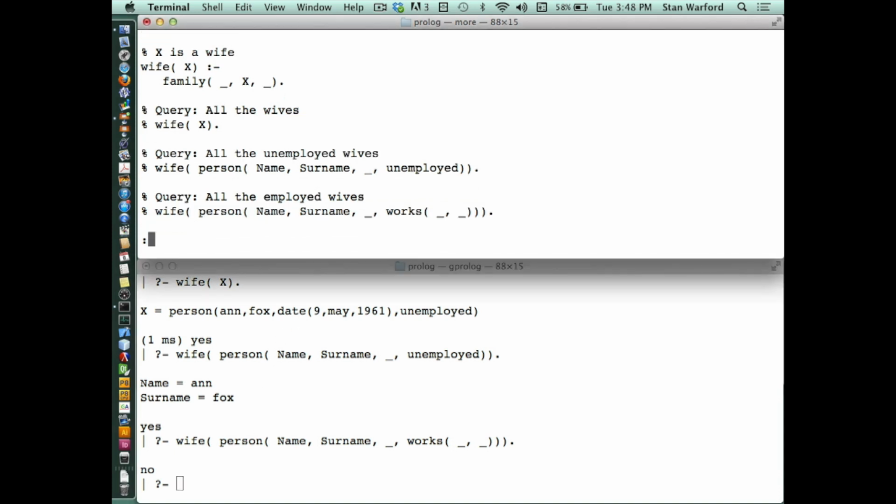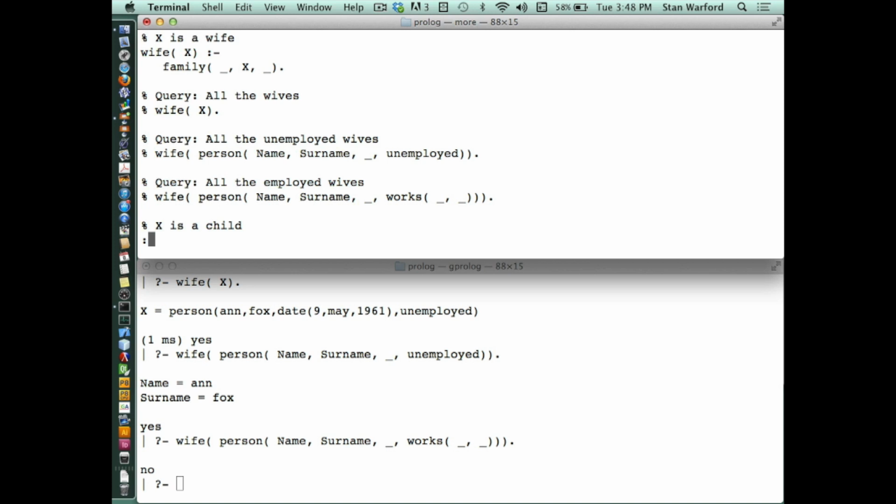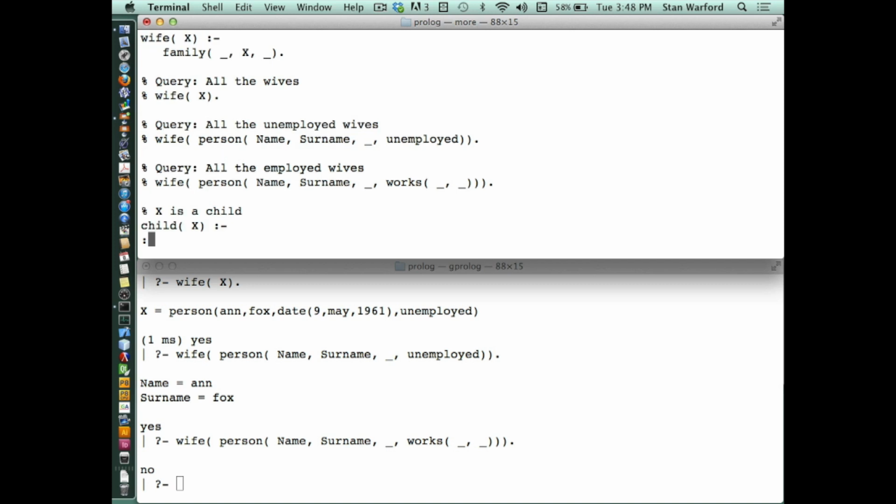Now, how about X is a child? Ooh. But now what about the children? That's a list of children. So child X if family, blank, blank, what?